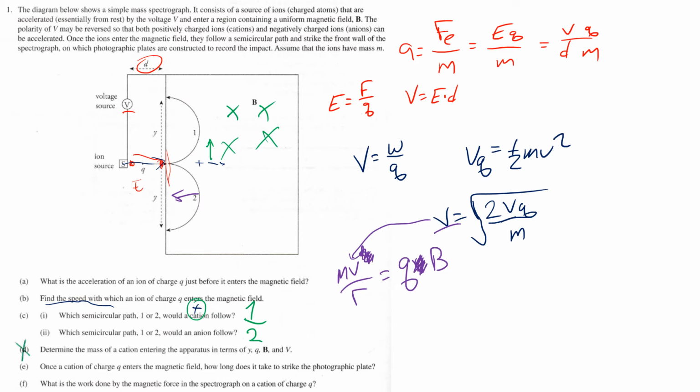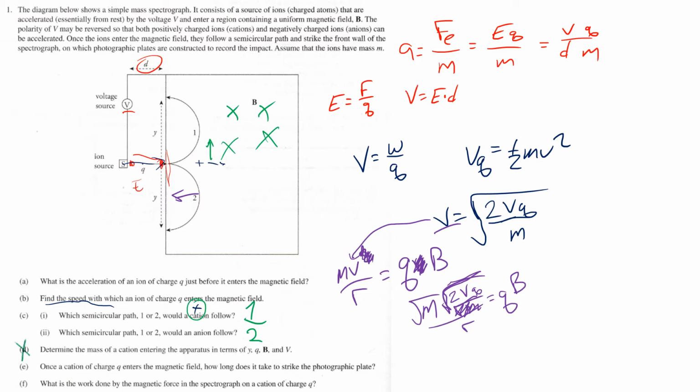So we're going to have m times the square root of 2 voltage charge over m, over r, is equal to q times B. We're solving for m. Before we do that, let's distribute the square root here. This square root, we're going to separate those. So you have m divided by the square root of m, which can cancel out. All right, so far so good.